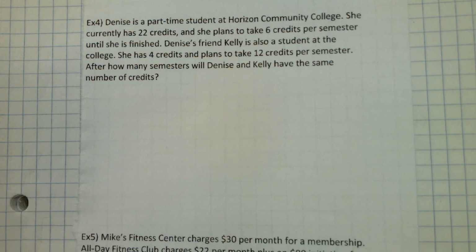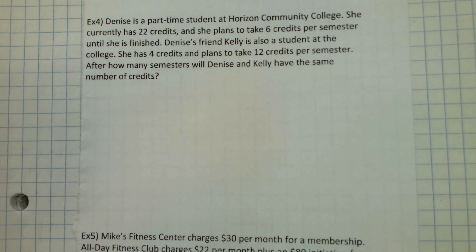Okay, so today we're going to do two more story problems, and these have a little more story to them. So let's begin. Number 4. Let's all read this together, guys. Denise is a part time student at Horizon Community College.